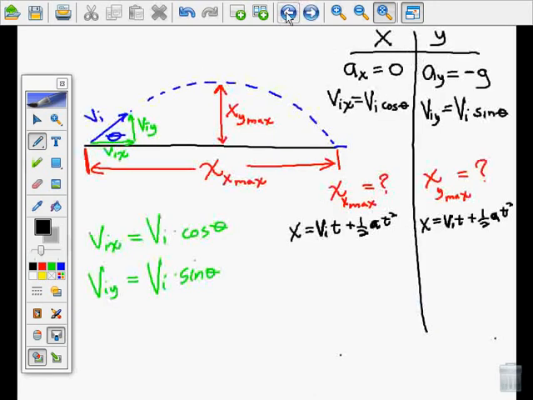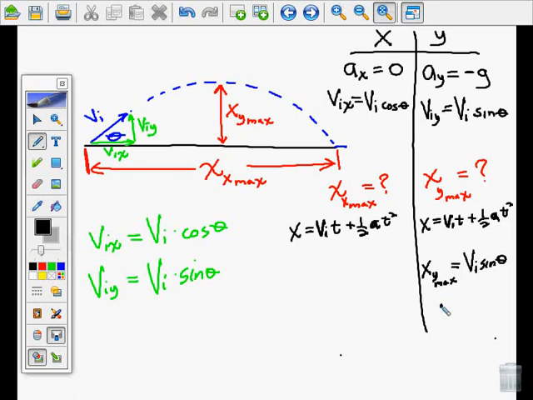Now, when you go to calculate these distances over here, when you're going to get x in the y direction maximum, you get that height, we know that that equals vi in the y direction, so this is going to be vi sine theta multiplied by time, but you're only going to use the time up.